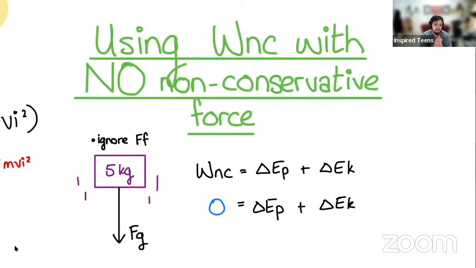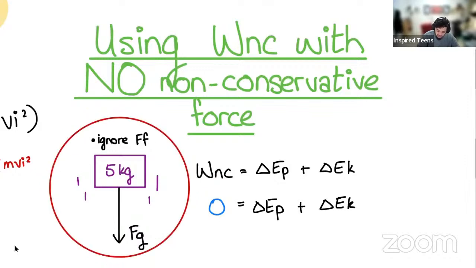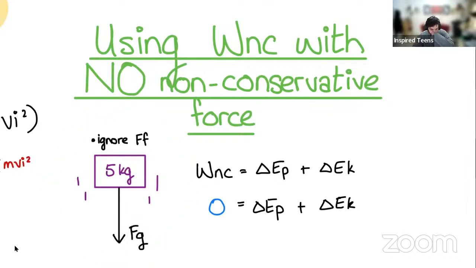Again, that's common. And remember I told you, it's my favorite formula in the entire physics syllabus, because you can use it even when you don't have any non-conservative forces. Even if you have only conservative forces, you can still use WNC, which is amazing, right? Let's say we have an example where the only force acting on an object is Fg. We are ignoring air friction. If an object is just falling in the sky and Fg is pulling it downwards, there are no other forces acting on it.